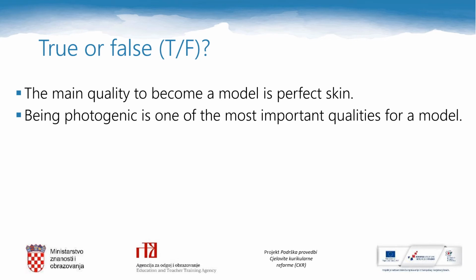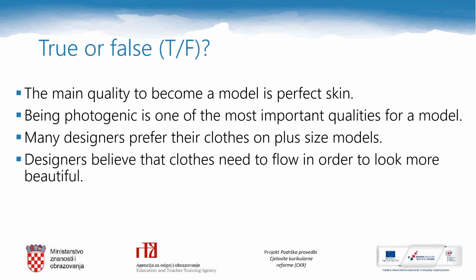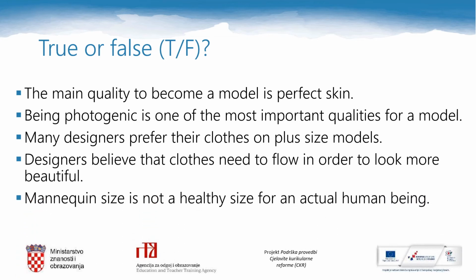Write a T or an F. Many designers prefer their clothes on plus-size models. T or F. Designers believe that clothes need to flow in order to look more beautiful. True or false? Mannequin size is not a healthy size for an actual human being. True or false?